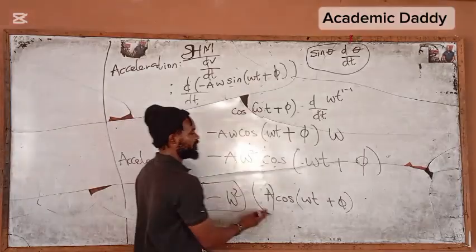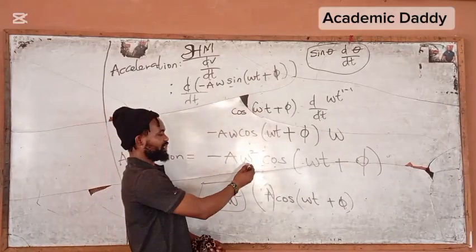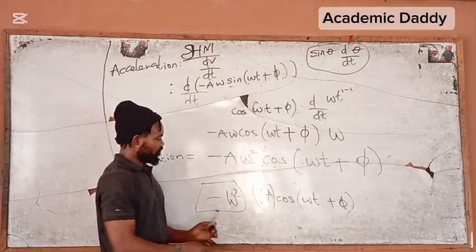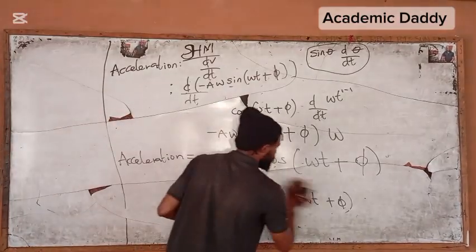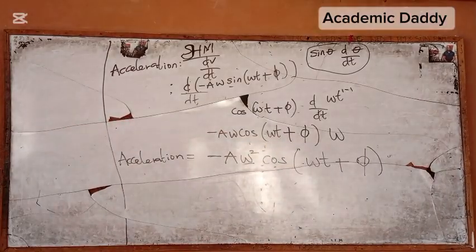Notice that everything here is your displacement equation. The only thing that is strange there is this W squared and the minus. So now I've gotten the displacement, the velocity, and the acceleration of a simple harmonic motion.